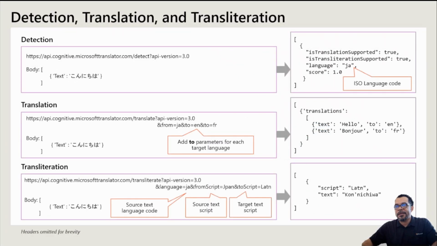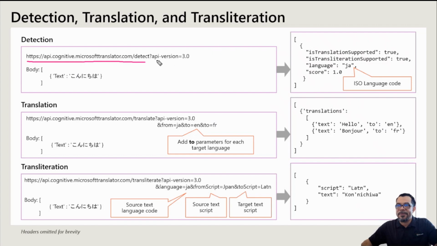So to give you an example of some of the code, the first thing you have to define is the API endpoint. The endpoint that you're seeing here is a global endpoint, which means it can be served from basically any one of Microsoft's locations. In this case, we specify api.cognitive.microsofttranslator.com, detect.